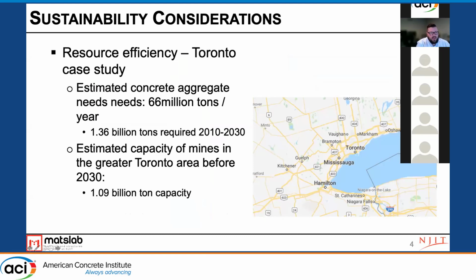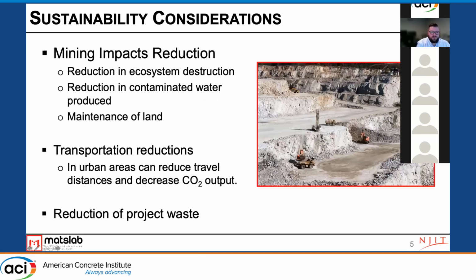And so in areas like this, where you maybe don't need the highest quality aggregate in a concrete, RCA or recycled concrete can start to offset that deficit as a material for use.